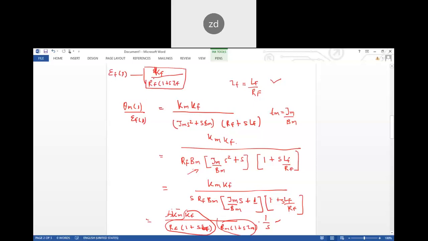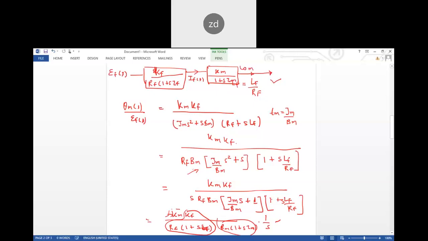Then I have another function, that is If of S, after which the term there is Km by 1 plus S Tm. After the 1 plus S Tm term, finally I have one term of omega m.